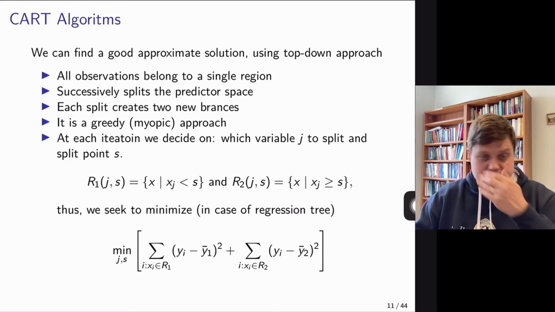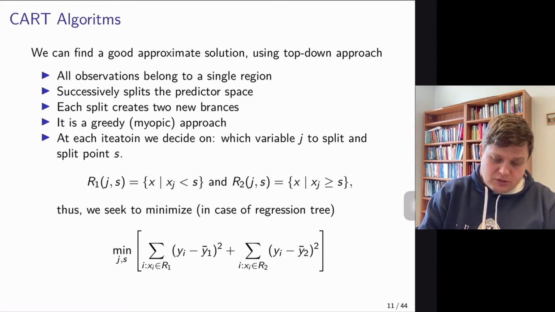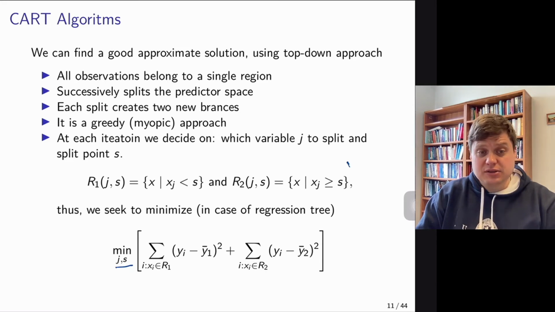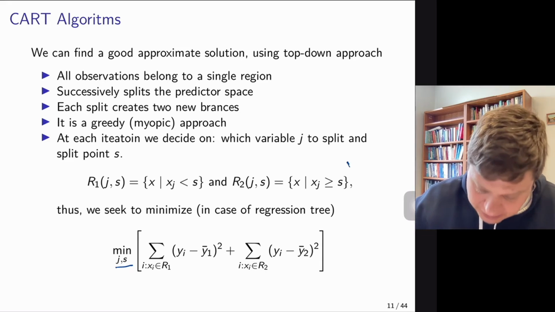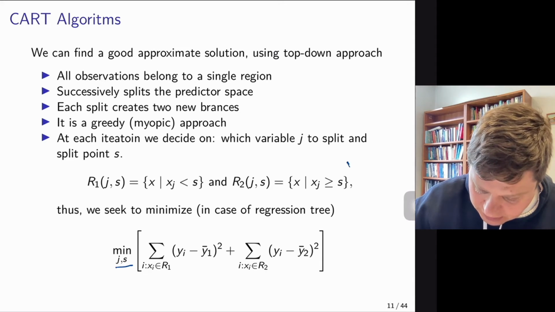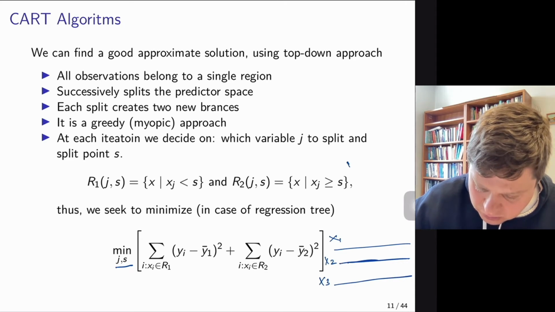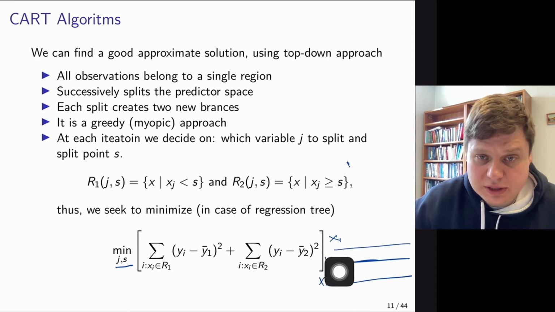So let's look at this. You try to minimize with respect to j and s. So j is the index of the variable, and s is the location where to split. Imagine you have x1, x2, x3. First you decide which of those x1, x2, and x3 to split.